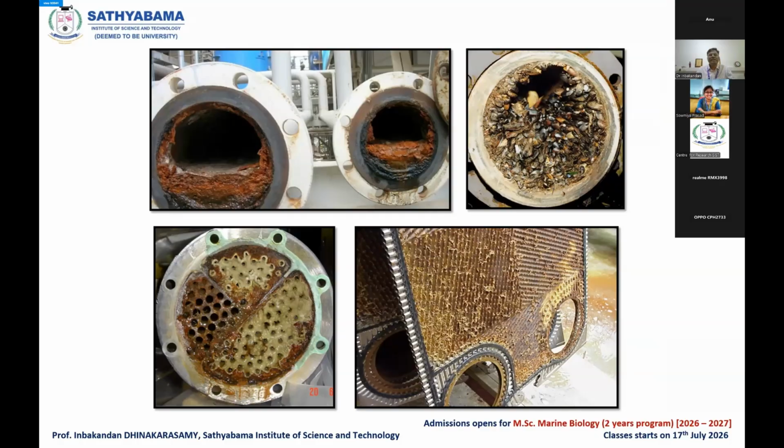If the seawater is taken into the cooling water circuit, it has the tendency to develop biofouling. You can see the tubular heat exchanger as well as the plate heat exchanger being fouled with green mussels and other biological entities.